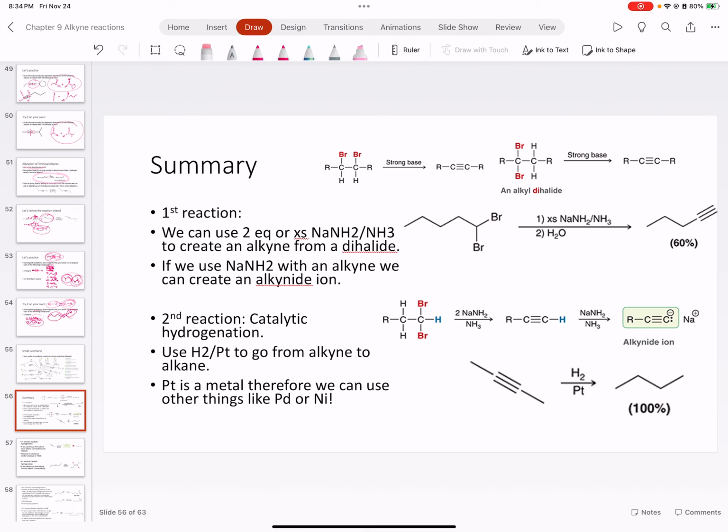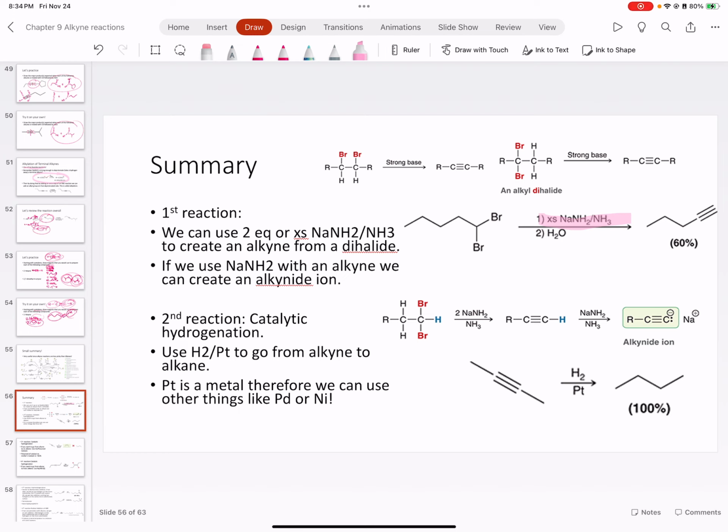So first reaction. We know that we can use NaNH2 as a strong base. If we have excess, we can use 2 equivalents or excess NaNH2 to create an alkyne from a dihalide. If we use NaNH2 with a terminal alkyne, we can create an acetylide ion.